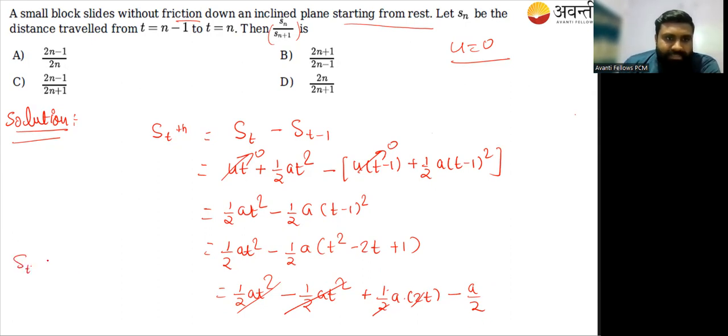So Stth you will have as what? a t minus a by 2, or you can say that it is 2 into a t minus a divided by 2, or simply you can take a common, so it will become a into 2t minus 1 divided by 2.